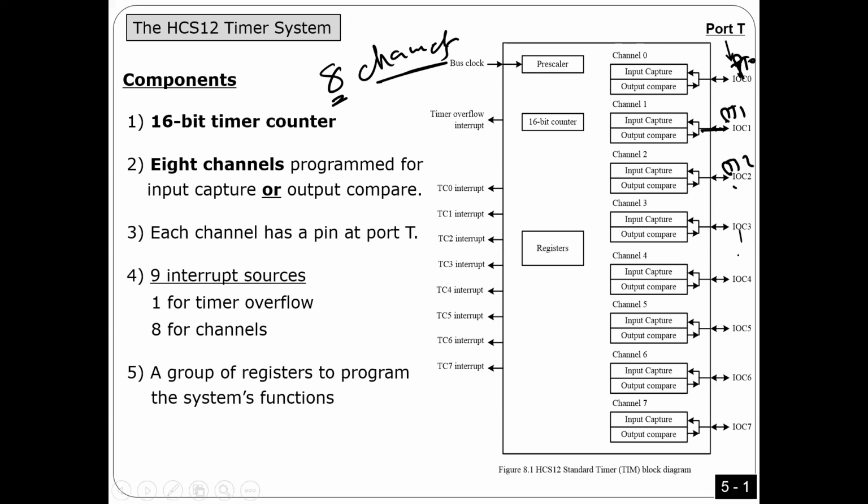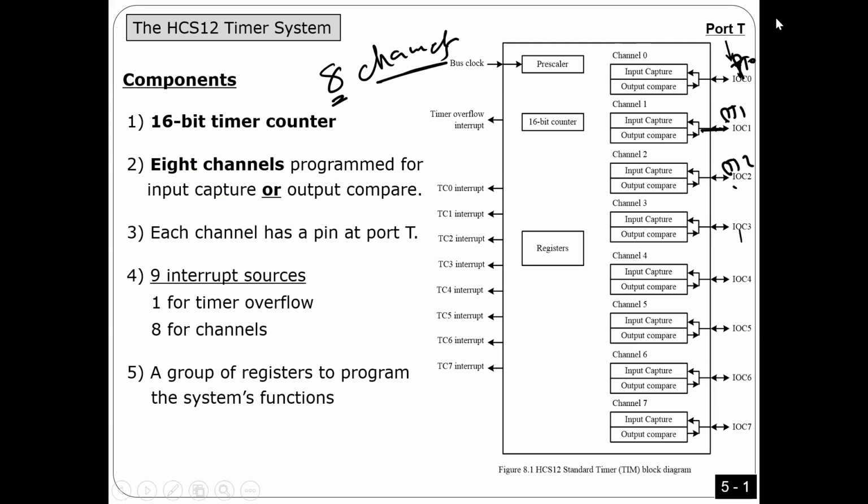Because it has an external pin, we are going to use this pin somehow. For sure we are going to use it, right? You will understand now. This is number 1.